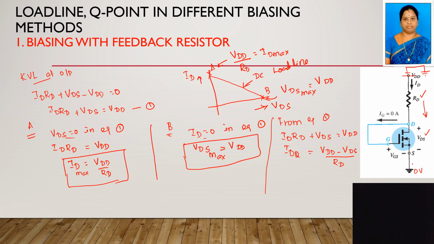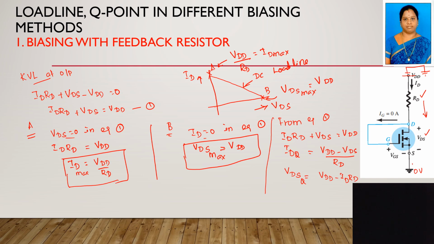Similarly, what is VDSQ? It's from the same equation: VDSQ equal to VDD minus ID into RD.